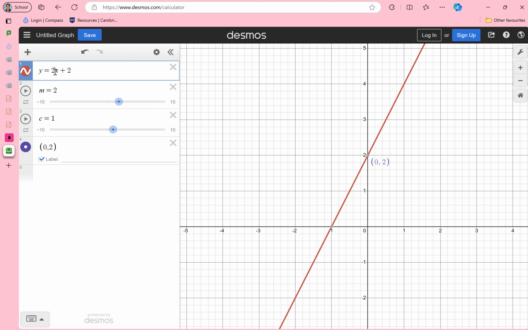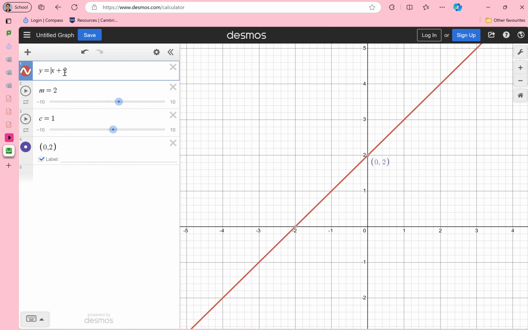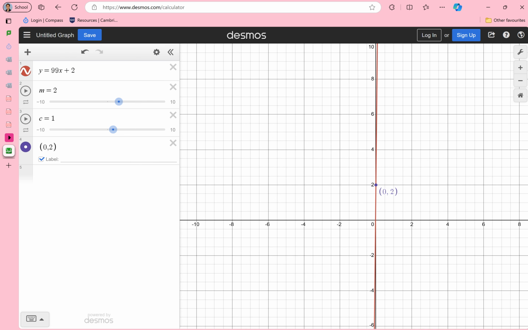When I increase m, if I make m really big, let's say the number is 3, I want you to see what's happening to the equation. When I change it to 4, 5, 6, 7, 8, 99, what's happening to the line?